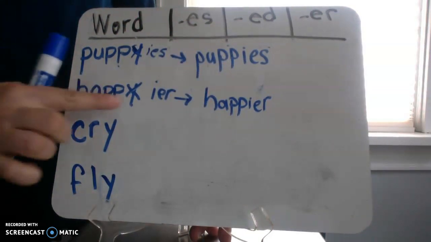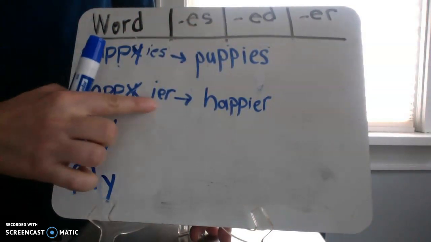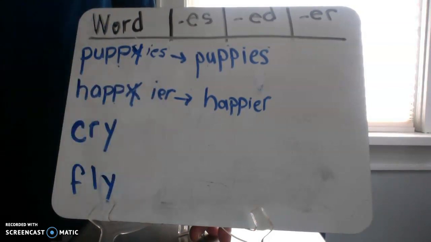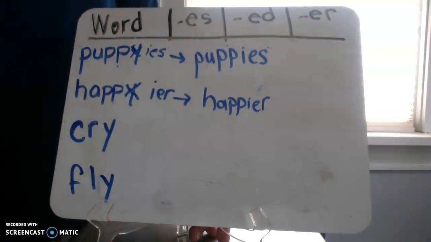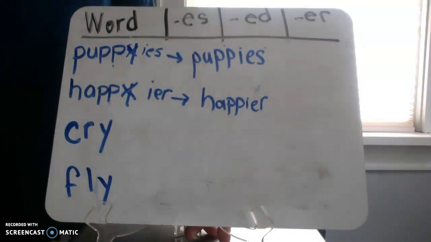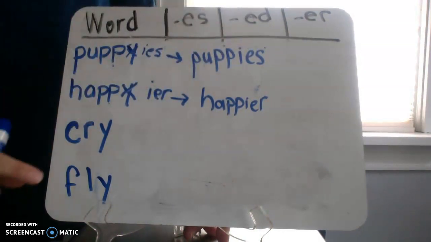You see that? We cross out the Y and we add an I and then our suffix. This word says cry. I want to use my suffix ed. My daughter cried yesterday because she fell and hurt her knee. So she cried yesterday.